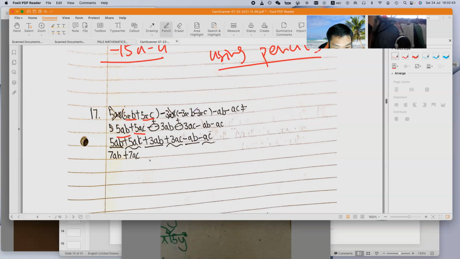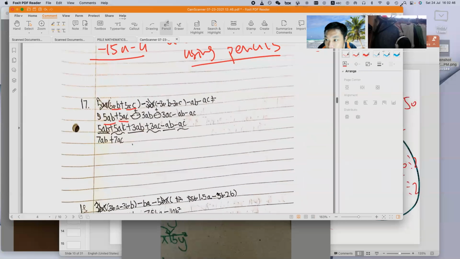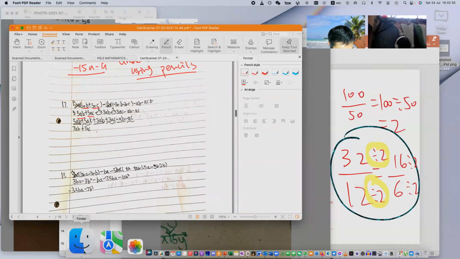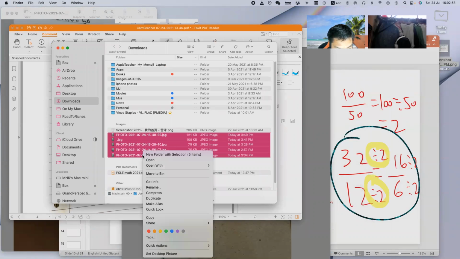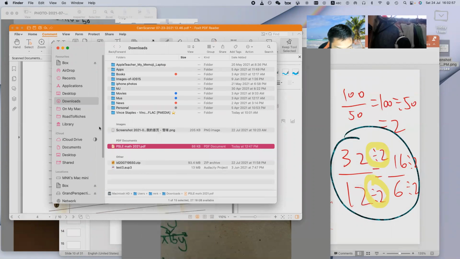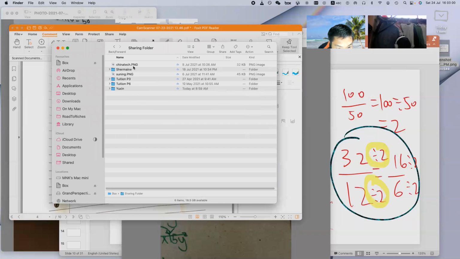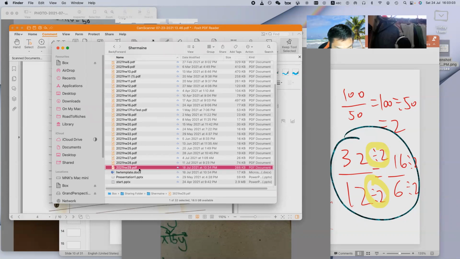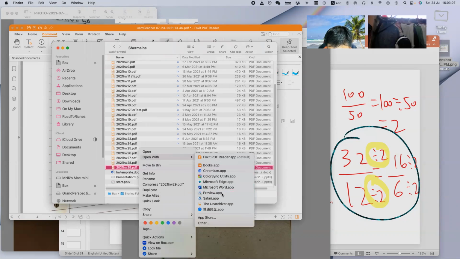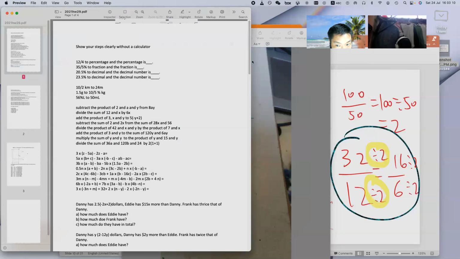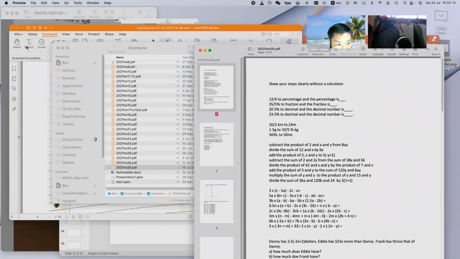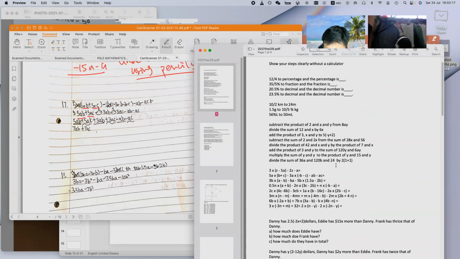Then for this question, I'm confused. I need to look at the question. What I see is the 3a go inside.